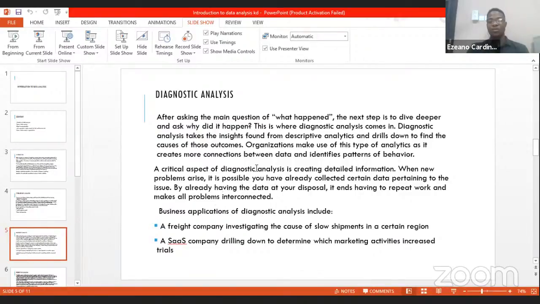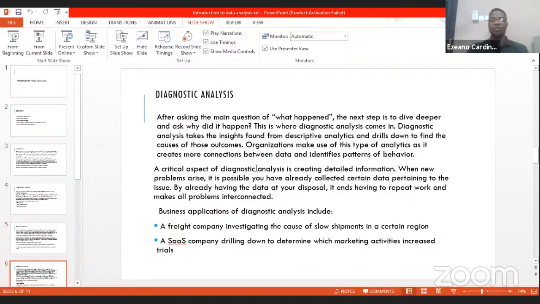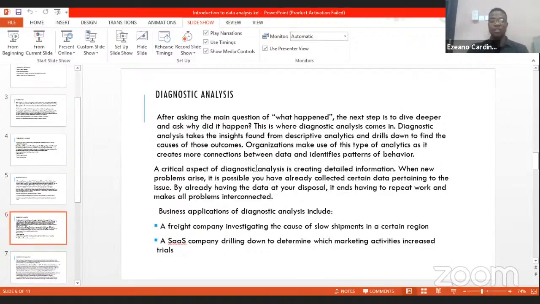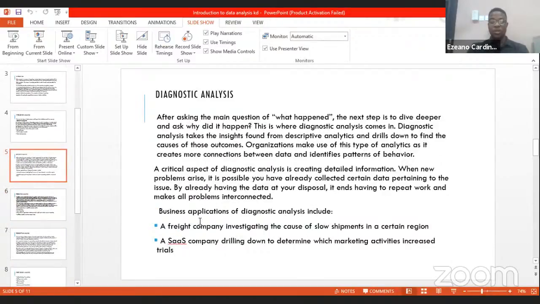So we've got also the business applications of diagnostics analysis, which are a freight company investigating the cause of slow shipment in a certain region, and a SaaS company drilling down to determine which marketing activities increased trials.